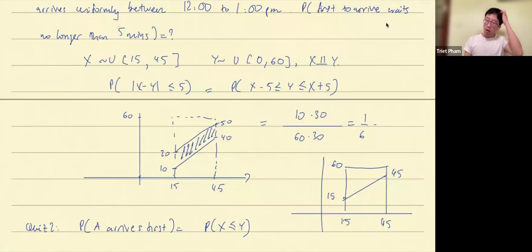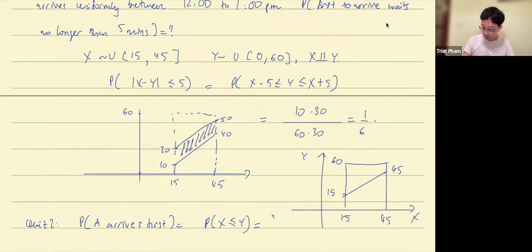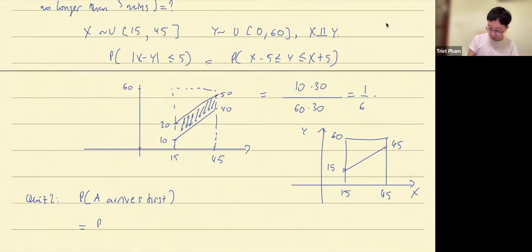So it equals the area of the trapezoid, which is 60 minus 15, which is 45... 35 plus 15, the sum of the two bases times the height over 2.